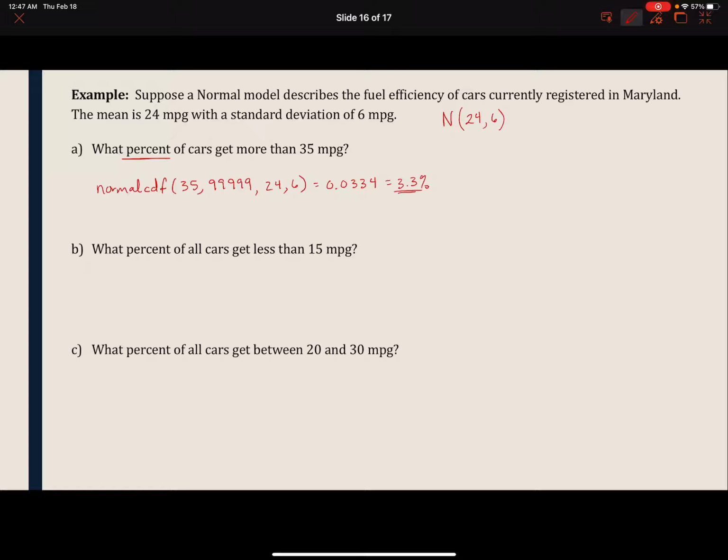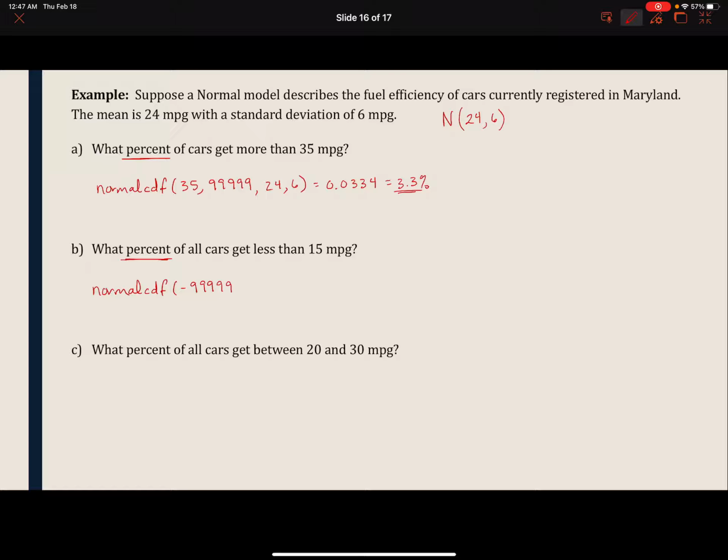For part B, it says, what percent of all cars get less than 15 miles per gallon? Again, because it's asking me for a percent, and we're using the normal model, I know that I'm using the Normalcdf command. This time it asks for less than 15 miles per gallon, so I know that the lower bound is going to be negative infinity.